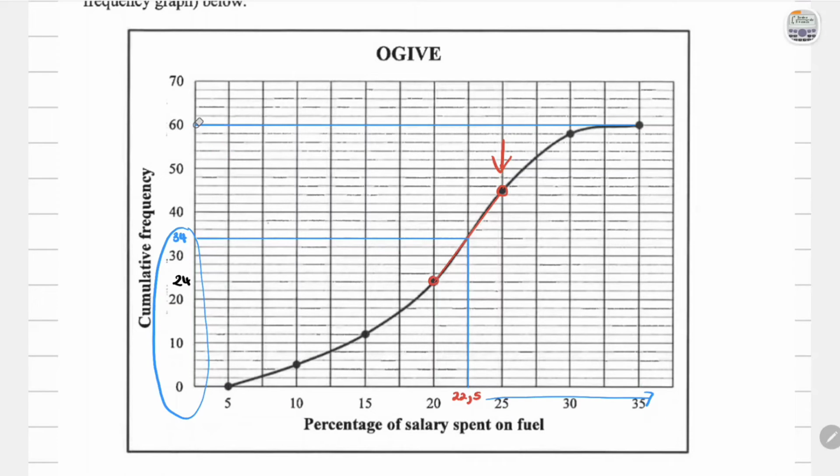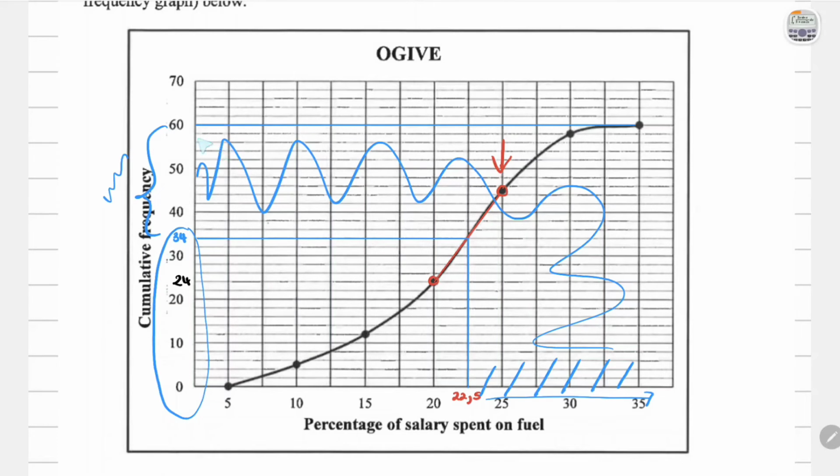So we're going to take the 60 people minus the 34 people. And that will give us everybody who spends over 22.5% on their fuel. So that would be everything here. This is over 22.5, and the people that it relates to are all these people. That's my best way of showing you a visual explanation of that.